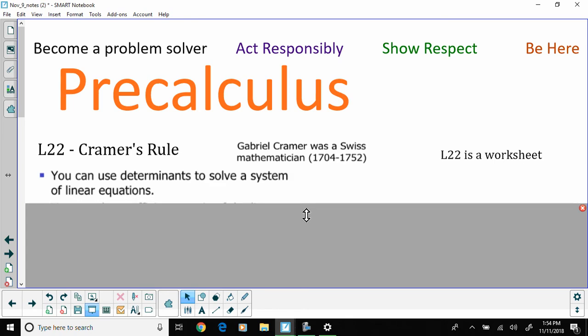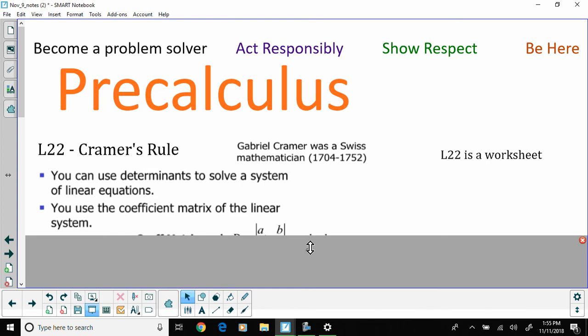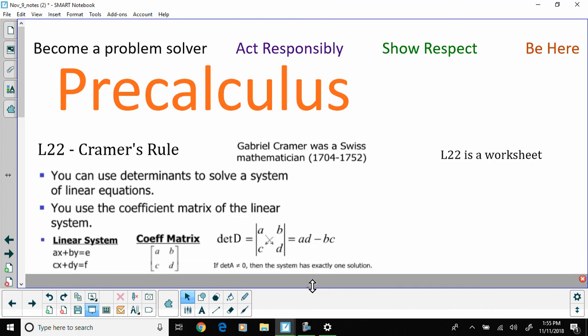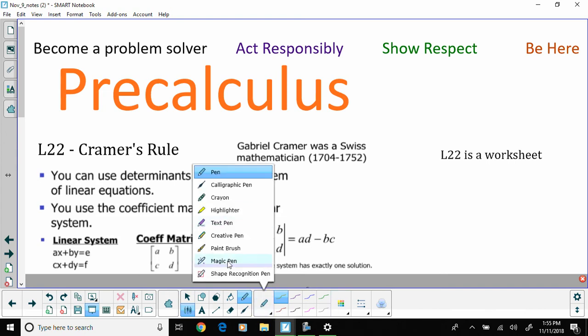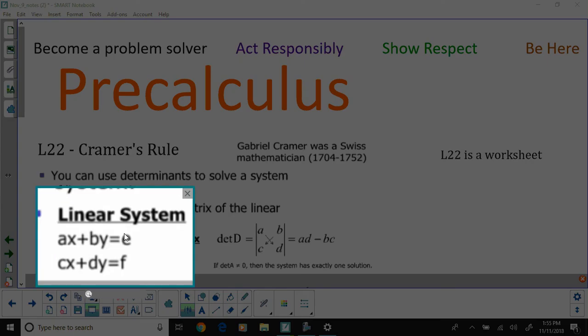Okay, so what do we know about this? What's very useful is that we can now use determinants of a matrix to solve a system of linear equations. To find that matrix, I just use the coefficient matrix of the linear system. In other words, if I've got this system of equations, ax plus by equals d and cx plus dy equals f, I look at just the coefficients of the x and y's.